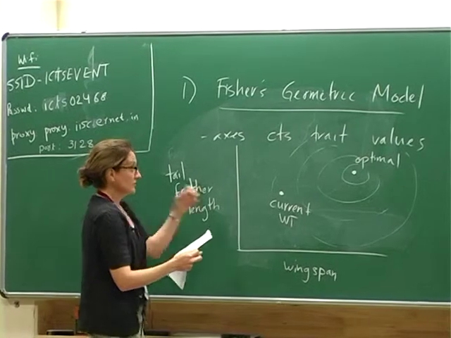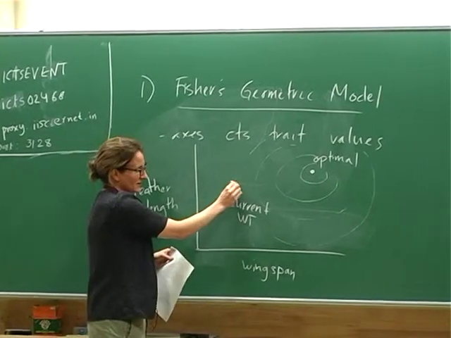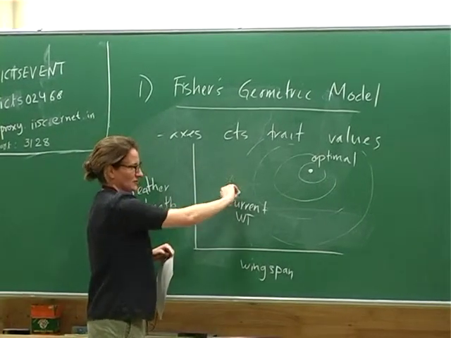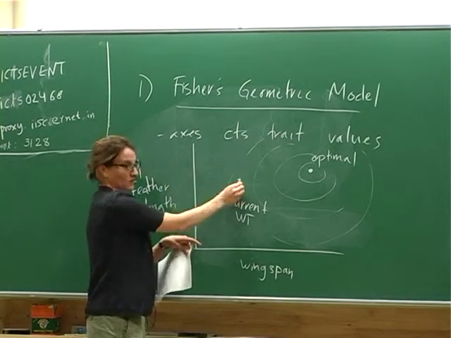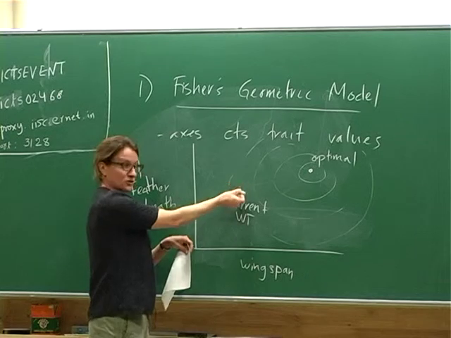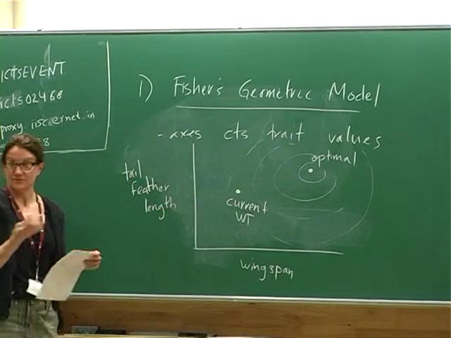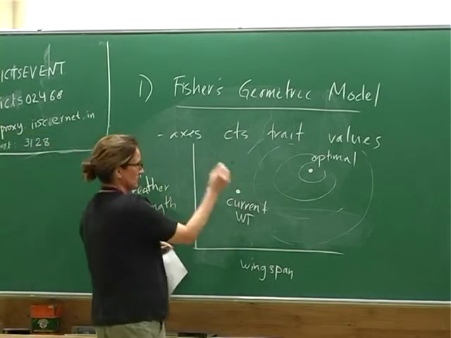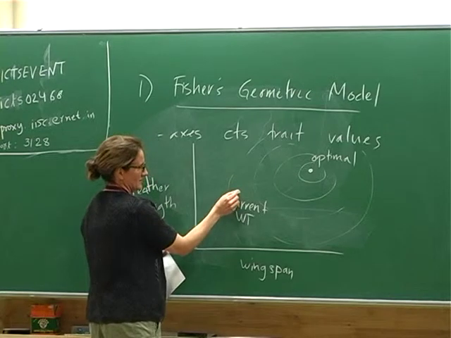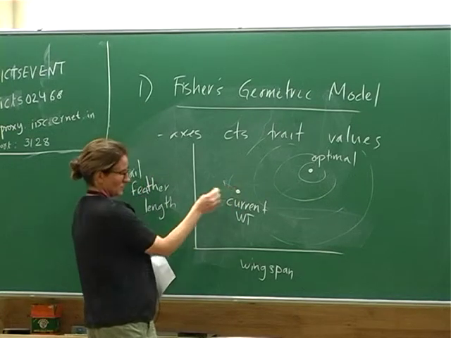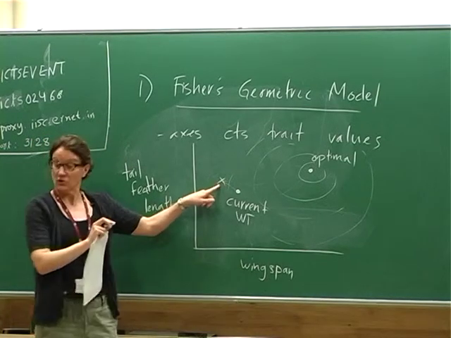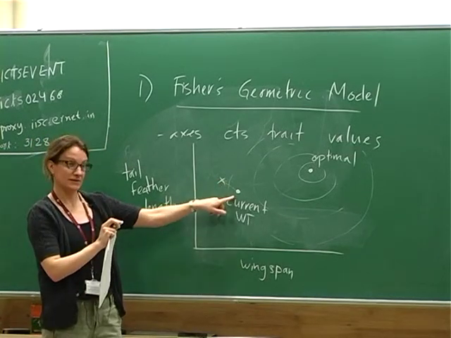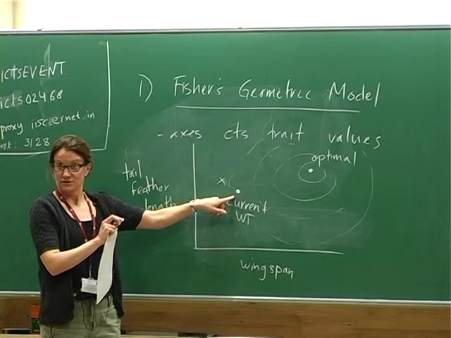Fisher argued that mutations would be like little vectors of a random length and a random orientation: a randomly chosen angle, a randomly chosen length from some distribution. A mutation might take trait values over here, in which case it would have lower fitness than the wild type, and it would be purged.